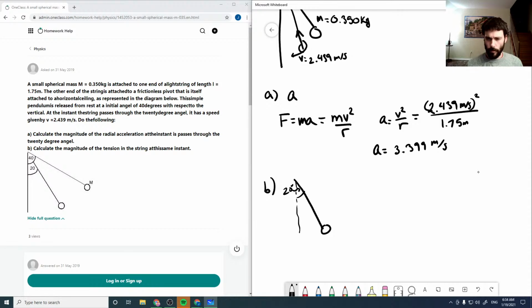And so we've got mg, and then tension, and those are the forces that are acting. We can separate our mg into a radial and a tangential component. So our mg is straight down.